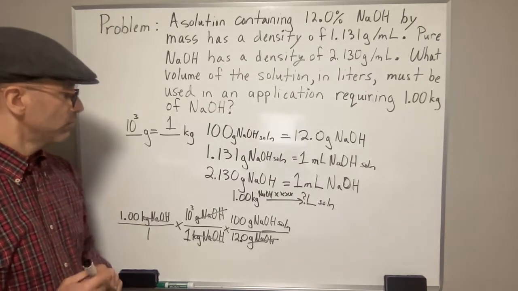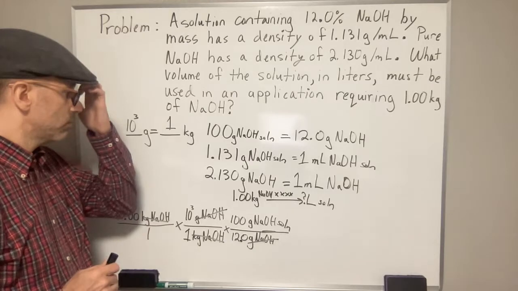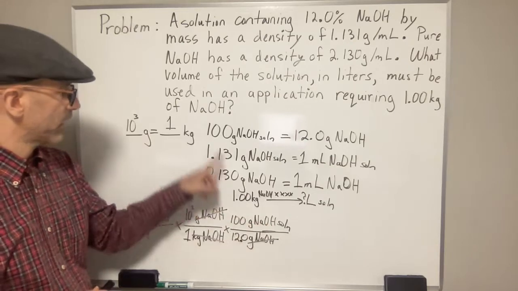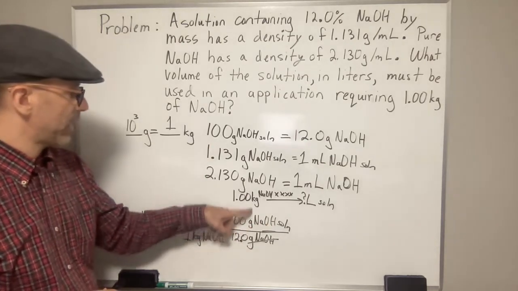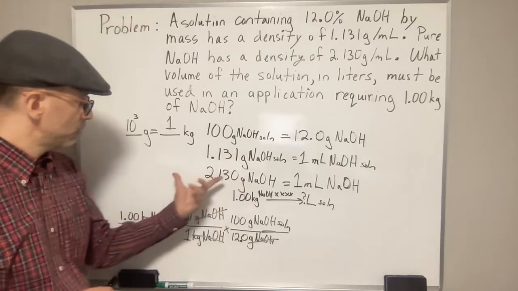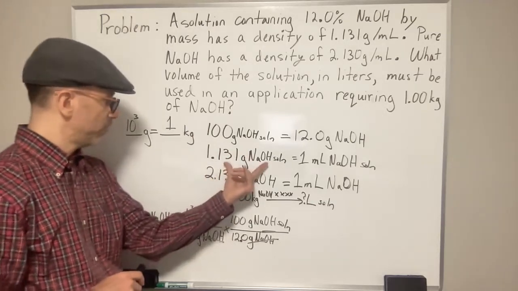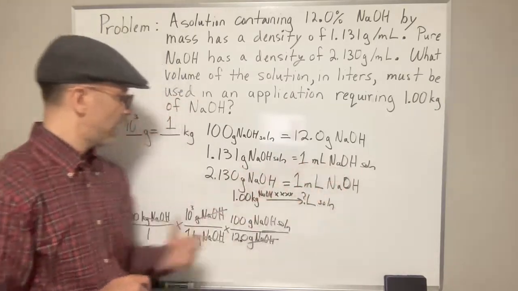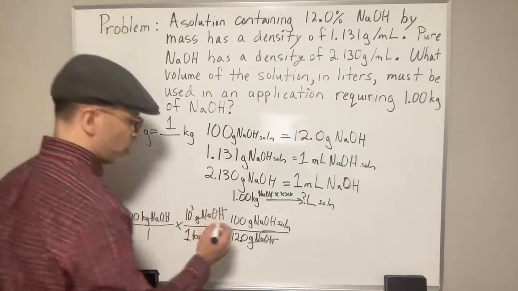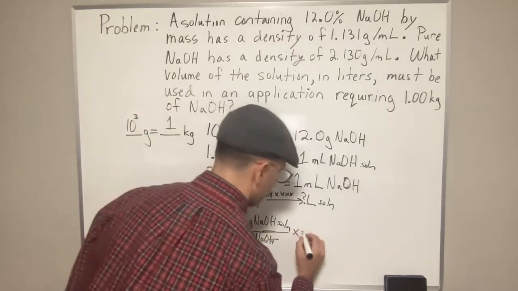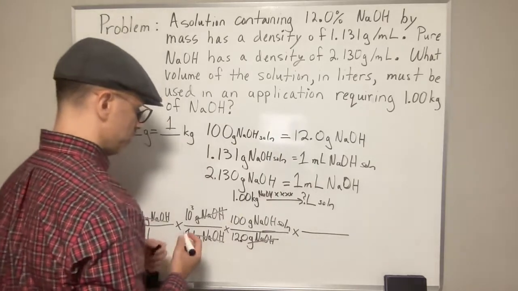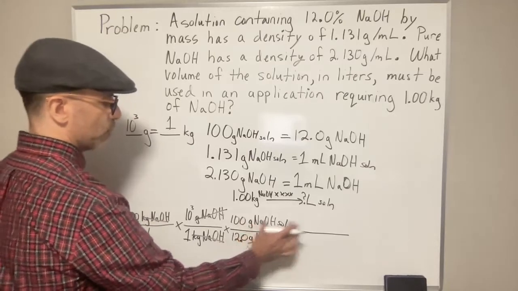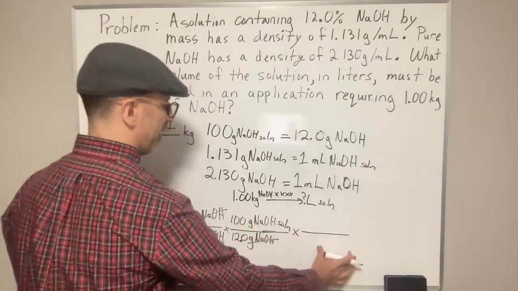Okay, so now I have grams of NaOH solution. If I have a relationship between grams and volume of the solution, I could use that. And here I have grams of NaOH solution and volume of NaOH solution. So I can use that. So let's go ahead and do that. I have grams of NaOH solution here on top, so I need to put grams of NaOH solution on the bottom.